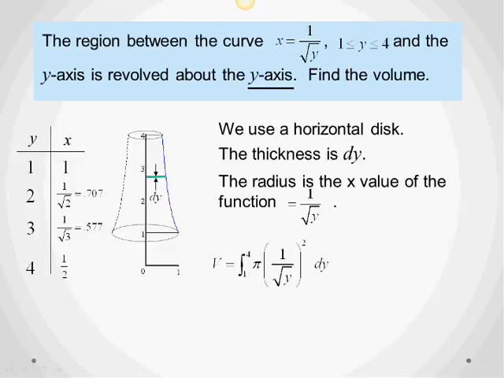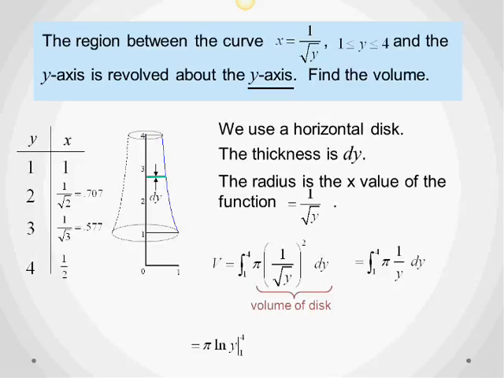So we're going to integrate from 1 to 4 pi times 1 over the square root of y, all squared, dy. This represents the volume of the disk. When I simplify it and square it, I'll get 1 over y, which gives you pi times the natural log of y from 1 to 4.